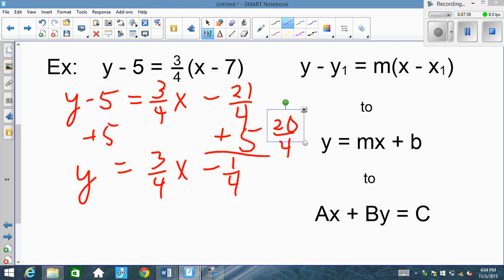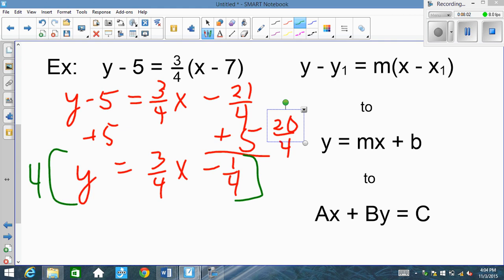So as I said earlier, you have to make all the coefficients integers. So what we would do here is multiply the whole thing by 4. We multiply everything by 4 because the fractions in the problem have denominators of 4.